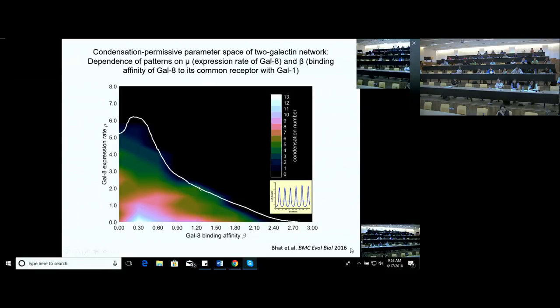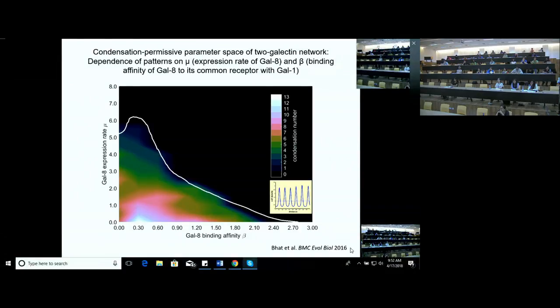But if we want to get a lot of elements, you have to be under the curve here. And there is a kind of sweet spot over here where you get the largest number of elements if you have intermediate binding affinity of galectin-8. You don't want it to permanently bind to its receptor because then galectin-1 can't aggregate the cells.